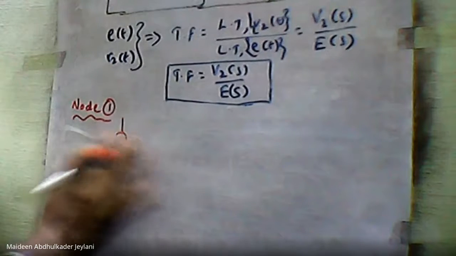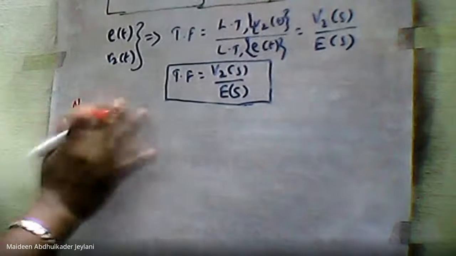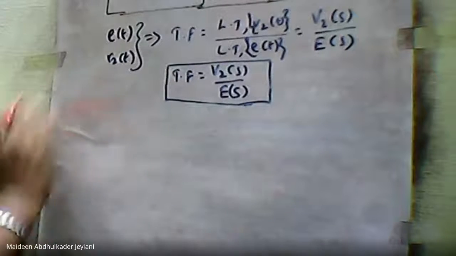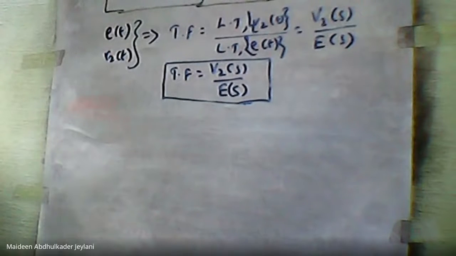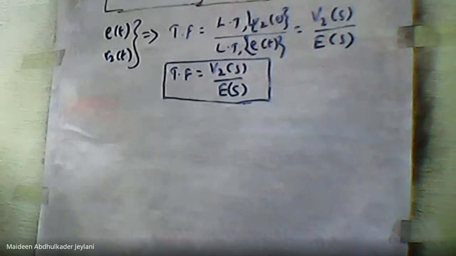First convert this voltage source into a current source to find the node voltages V1, V2 by applying Kirchhoff current law.